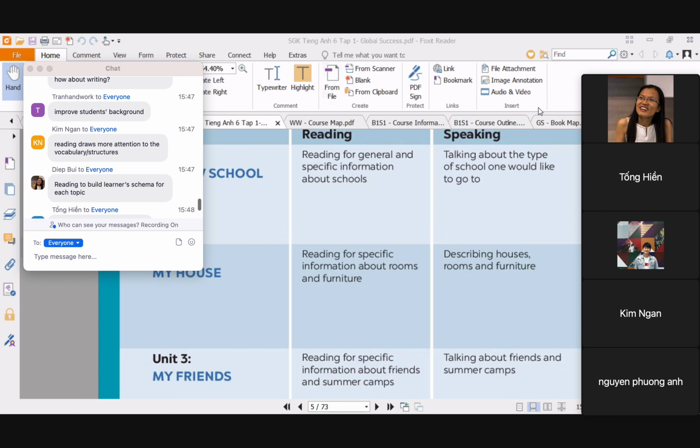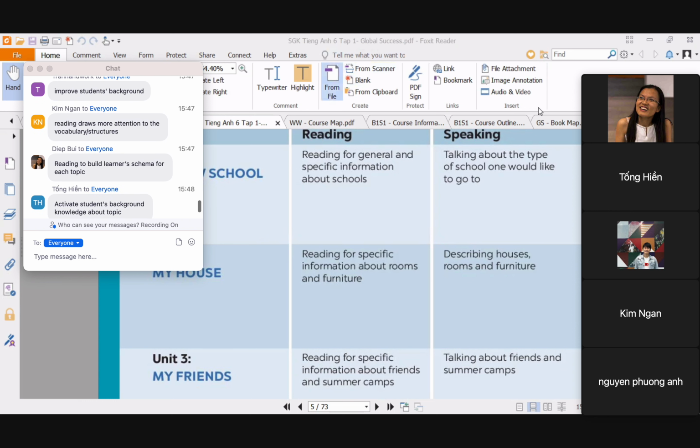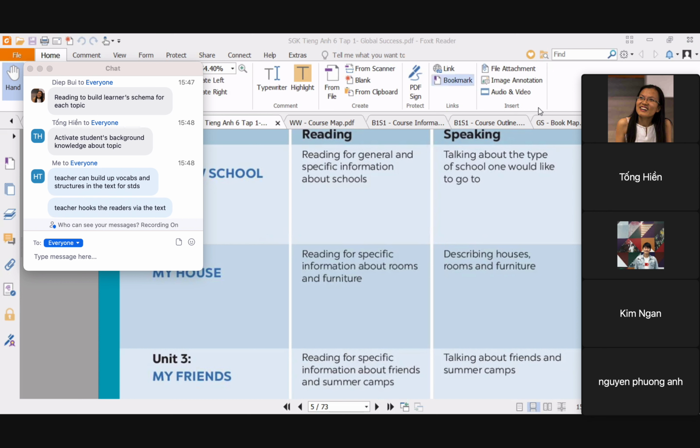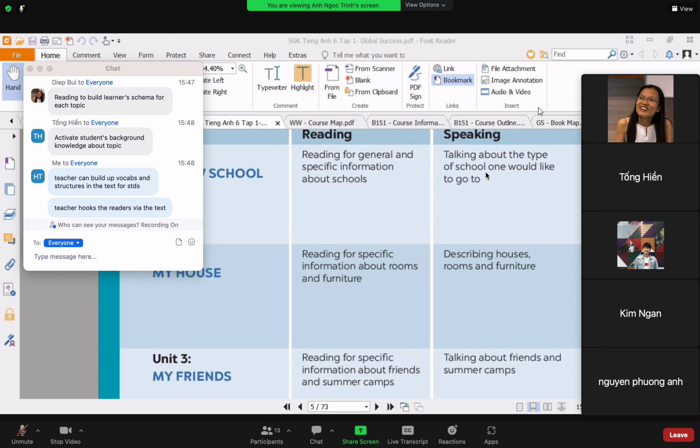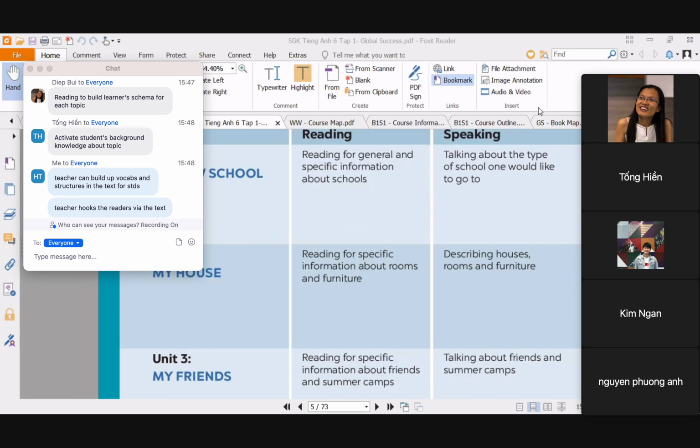And of course, Ha just said the author wants to hook the readers, so the students can be more interested. Reading is a hook for students, to grab the information and the attention from them. Okay, I agree.